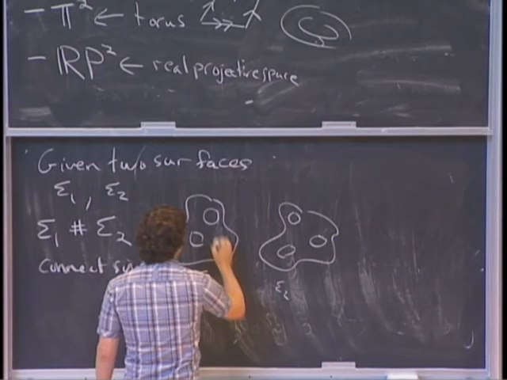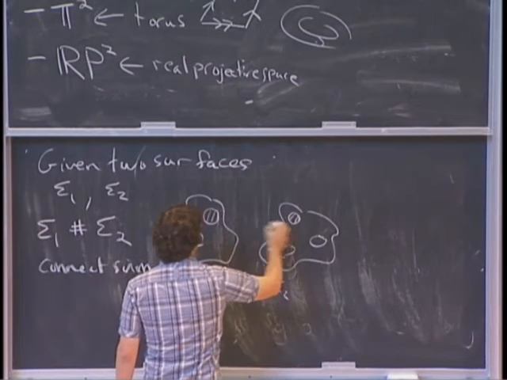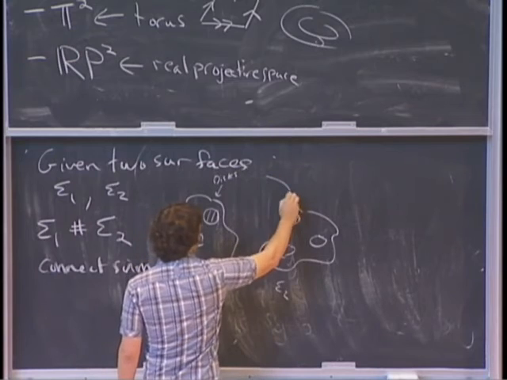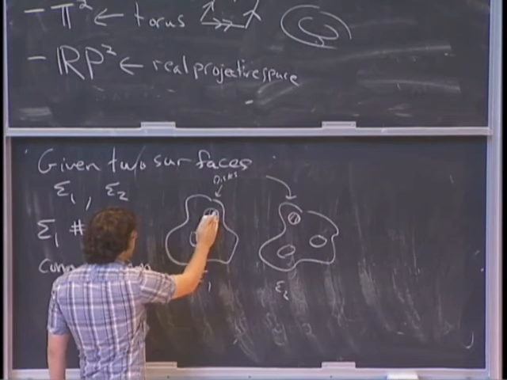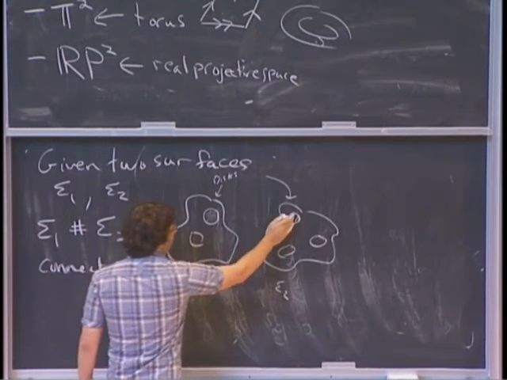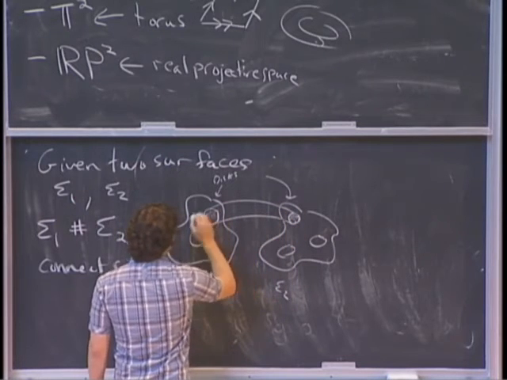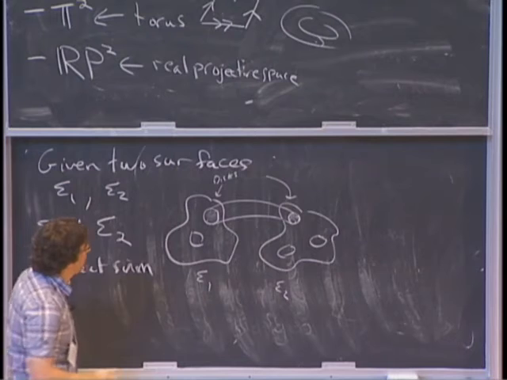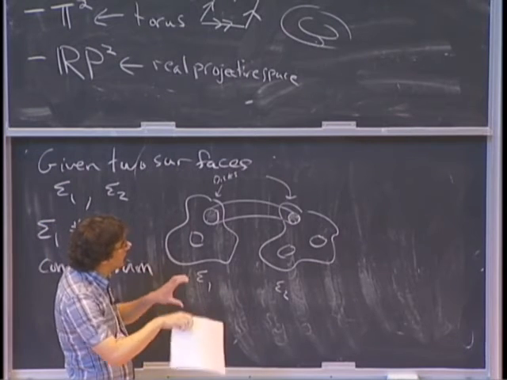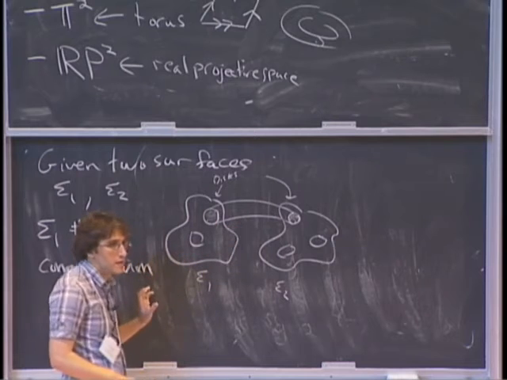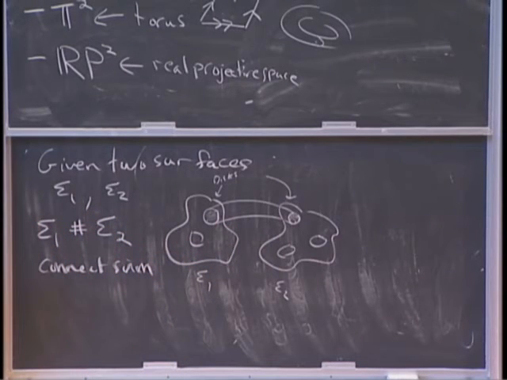You delete the disks and then glue in an annulus. So you've deleted the two disks and replaced them with an annulus, and now you go from two disconnected surfaces to one connected surface. So this is the connect sum.